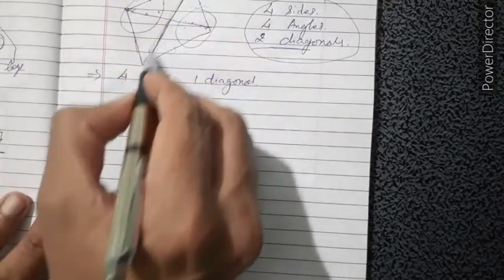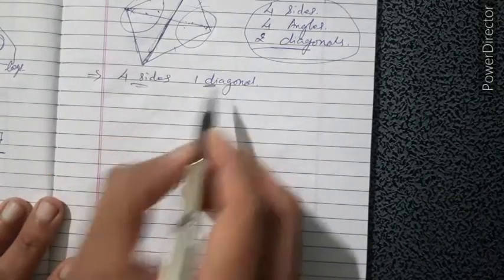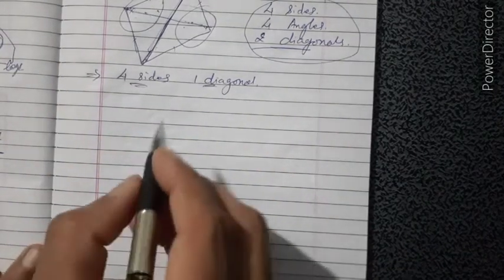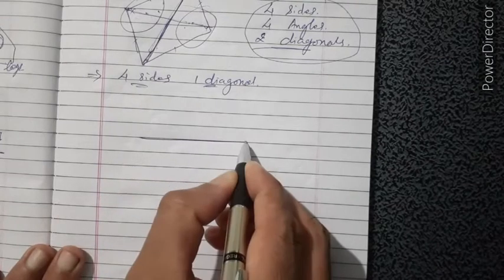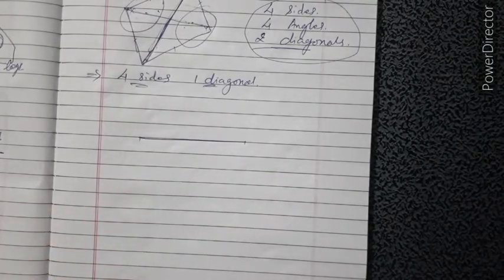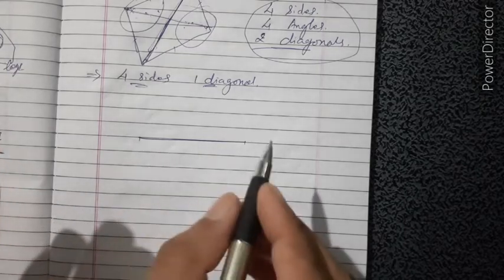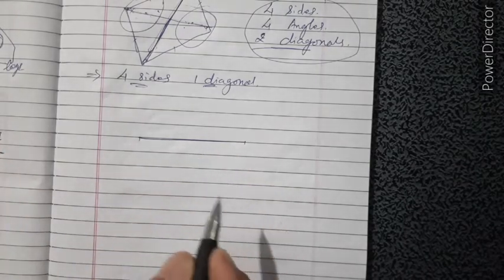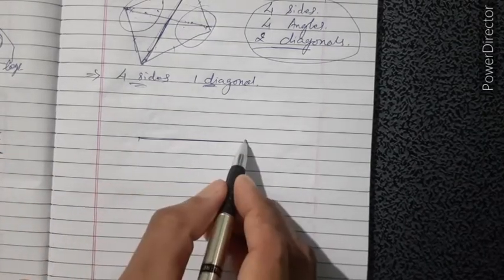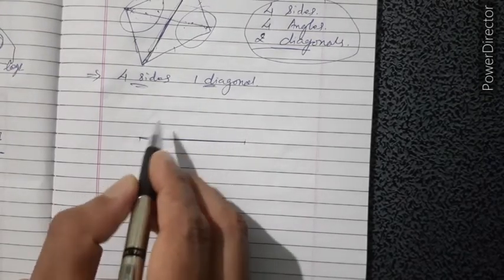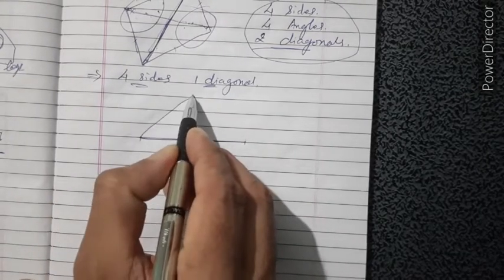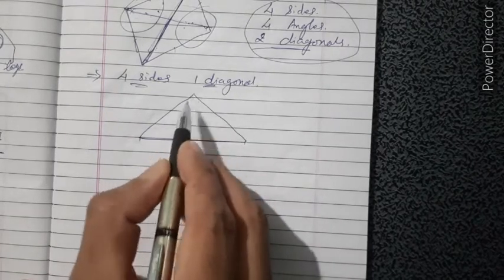So what to do? We start with the case when the 4 sides and a diagonal are given. First you just construct a diagonal. In the next period I will show you how to construct that one. Today I just show in a rough way. So one diagonal, and then just draw 2 sides on the above side.